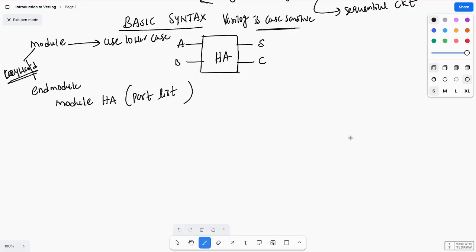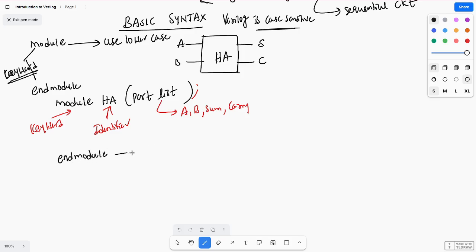So module is a keyword, and this is the identifier. The port list you need to declare is A, B, sum, comma, carry, and you have a semicolon after the bracket. Next it will end with end module. For end module, there is no semicolon.